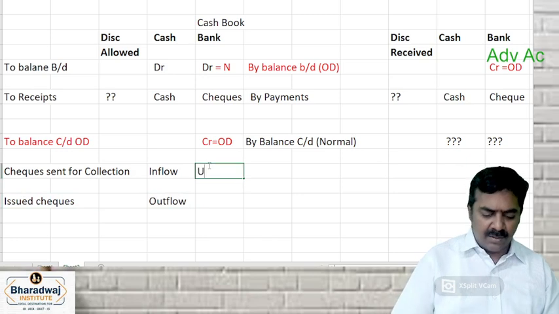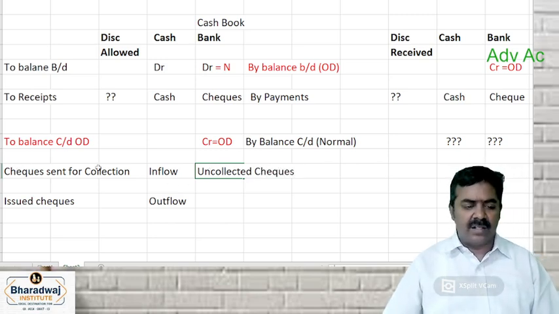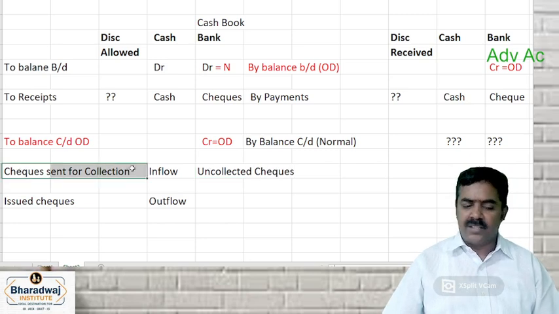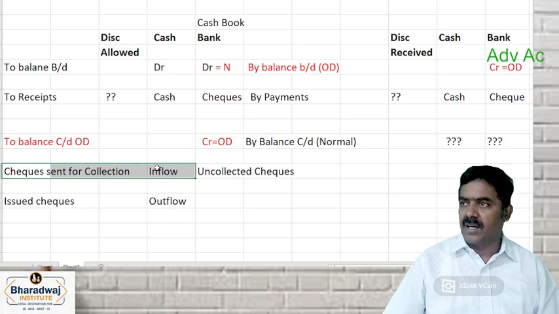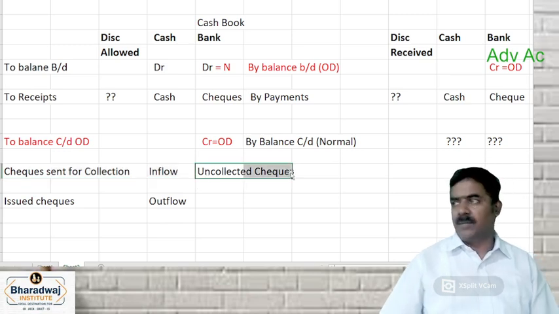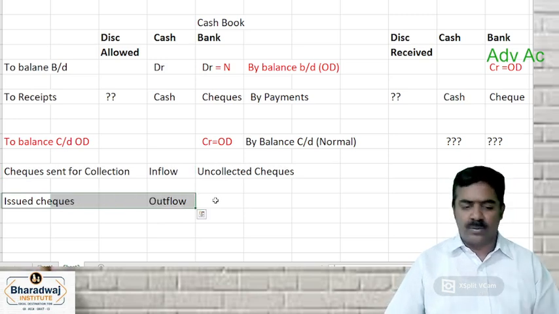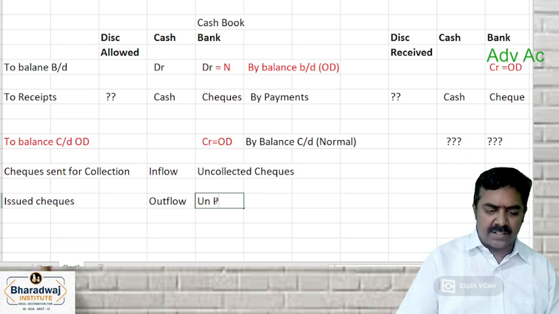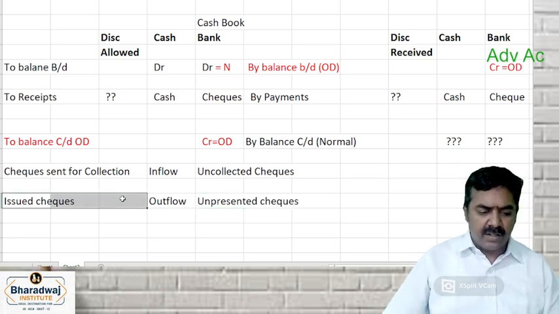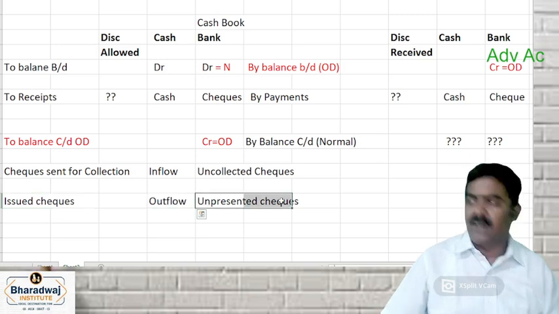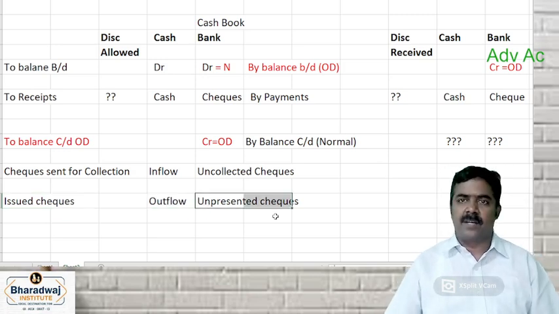Sometimes they will tell you uncollected checks for preparing BRS. What do you mean by uncollected check? Check sent for collection, we would have recorded as inflow, but not collected by the bank. Issued check, outflow, will be called unpresented checks. Unpresented check means we have issued the check for payment, but it is not paid by the bank.